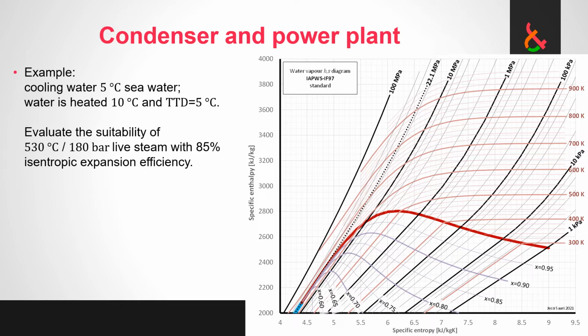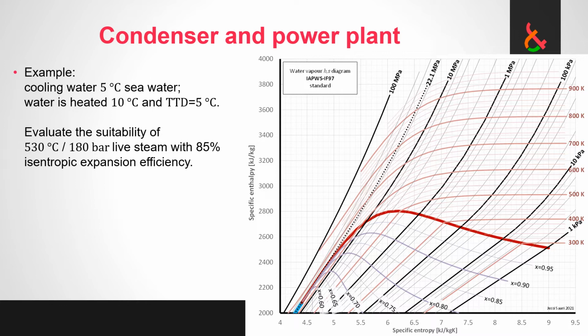We're given 530 degrees Celsius temperature, 180 bars pressure, and expansion at 85% isentropic efficiency. We know that the cooling water is available at 5 degrees, seawater. The water is going to be heated by 10 degrees in the condenser, and the terminal temperature difference is 5 degrees Celsius. First we use this information to check whether our expansion is going to end in a reasonable area.